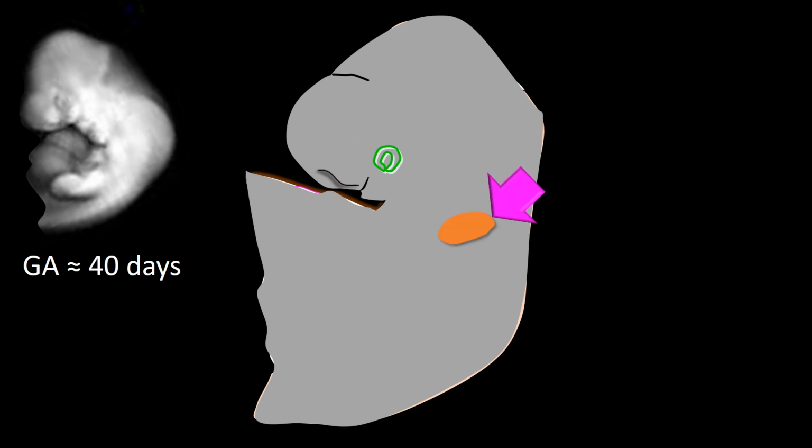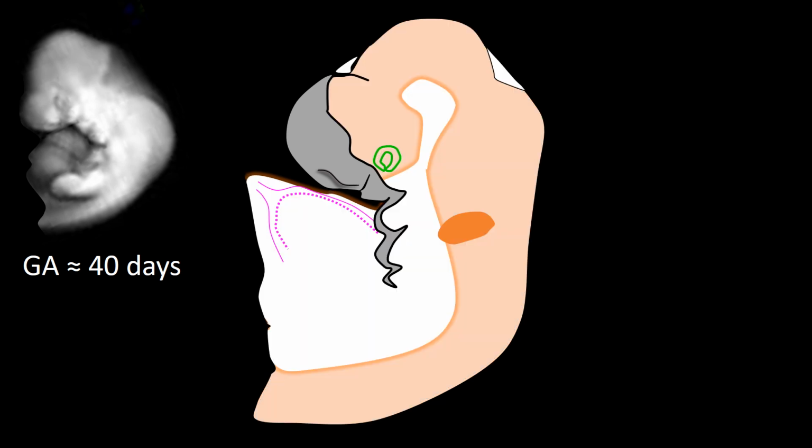The otocyst, or future otic placode and inner ear, is now being introduced in this frame. I have now removed the external layer in most of the representation to illustrate internal structures. The cut corresponds to a partial sagittal dissection.